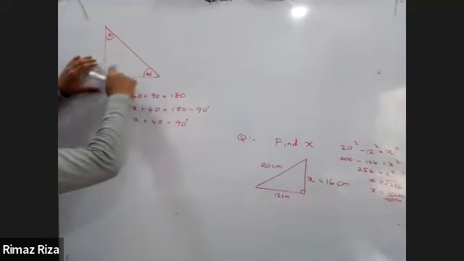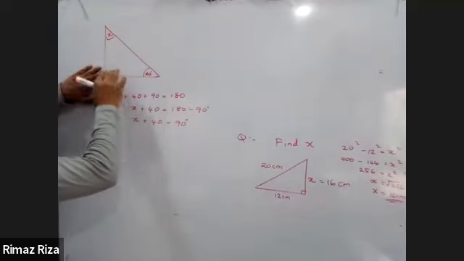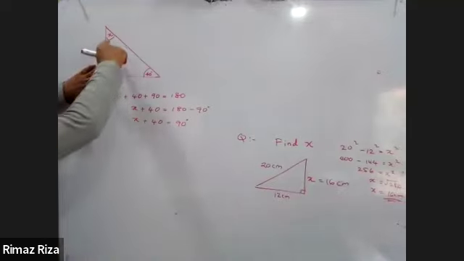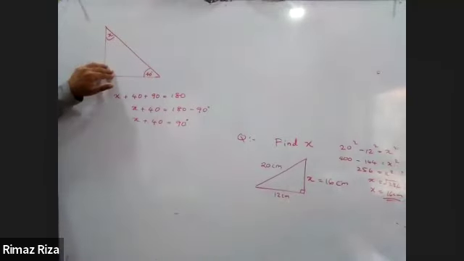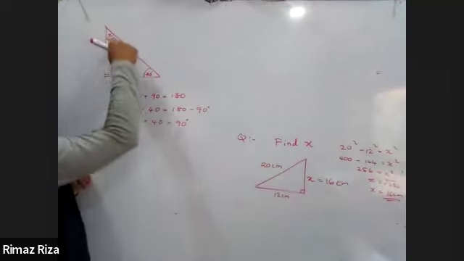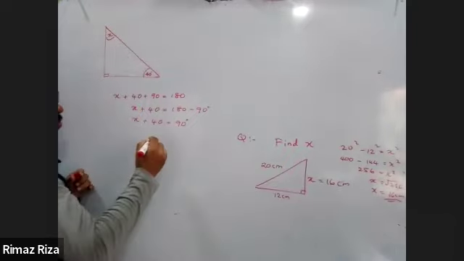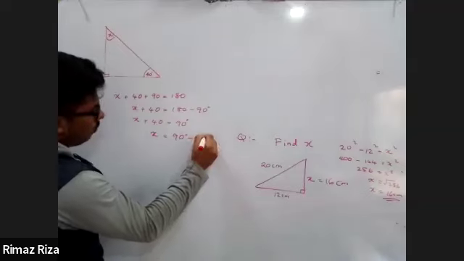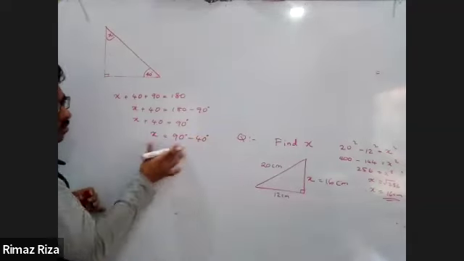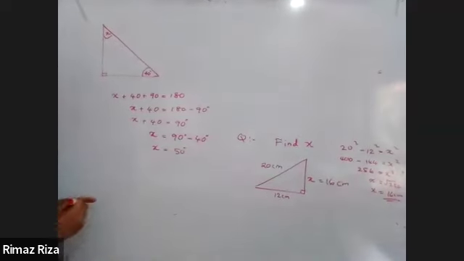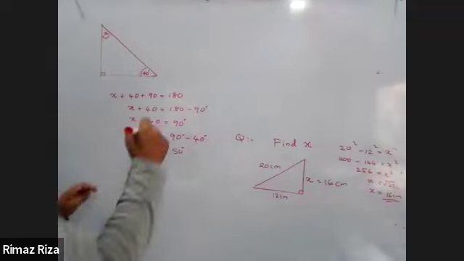That means the sum of these two should equal 90. See, x plus 40 is equal to 90. Therefore, x equals 90 minus 40. Therefore, x equals how much? 50-degree angle. Okay. Another example.